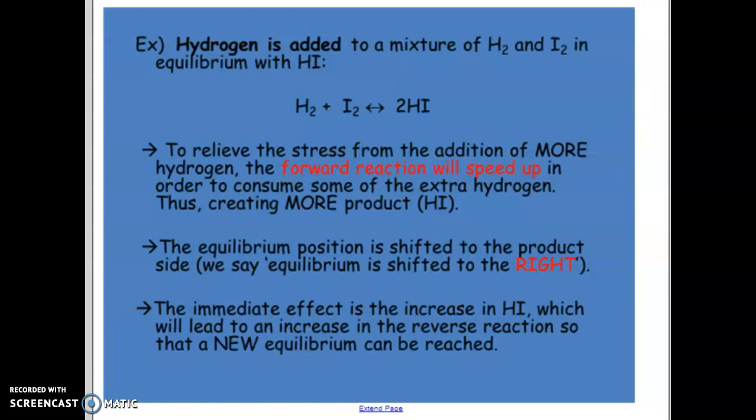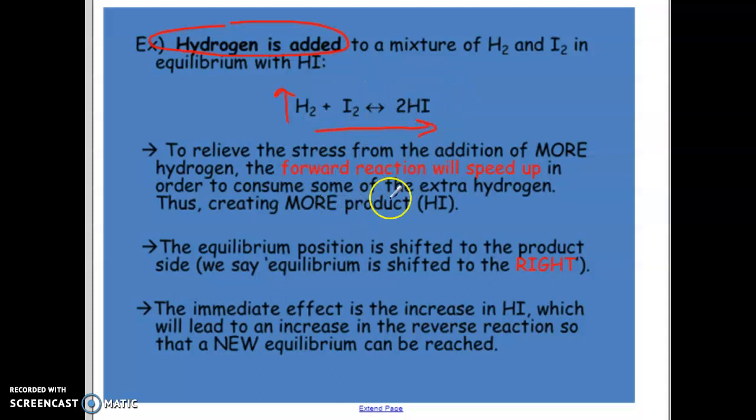So let's go back for a second. In this case, we have a reaction, and it's in equilibrium. Hydrogen is being added to the mixture. So imagine this is an equilibrium. We're all of a sudden going to add in more hydrogen molecules. To try and alleviate that excess hydrogen, it's going to do the only thing it can do, which is turn that hydrogen into hydrogen iodide, of course, reacting with iodine in order to do that.